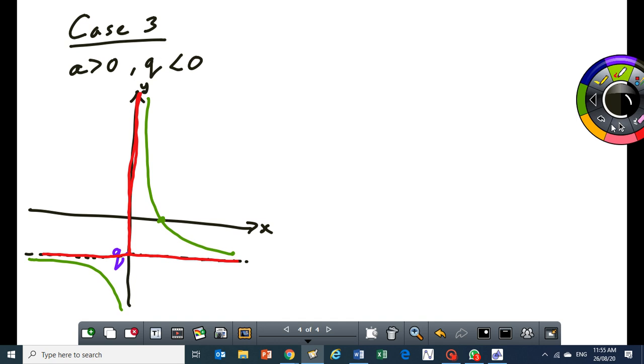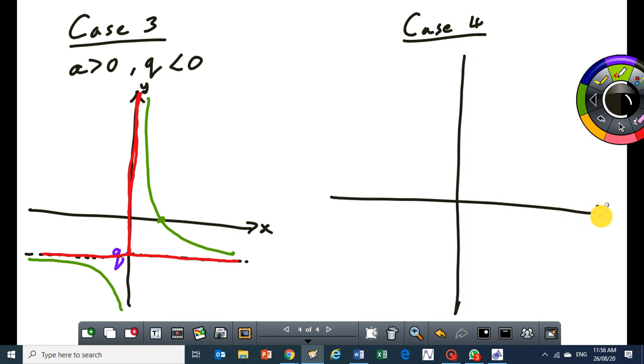Then case 4. In case 4, we are going to change the sign of a from being positive to negative. So a is now negative, and q, we are going to make equal to 0.